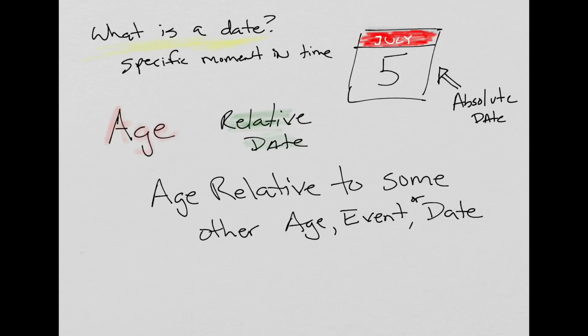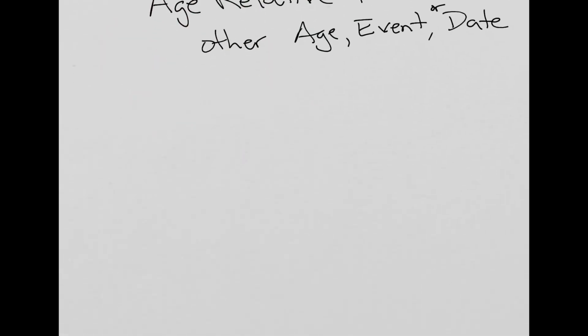Whereas an absolute date is a date expressed in some specific quantifiable unit of time.